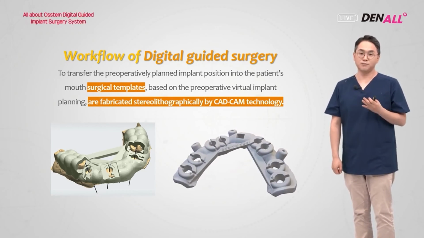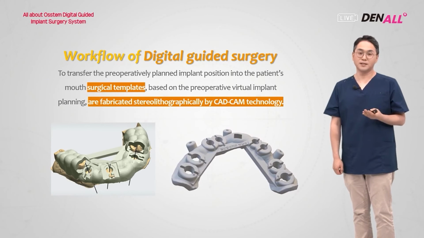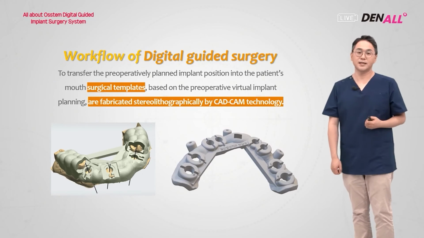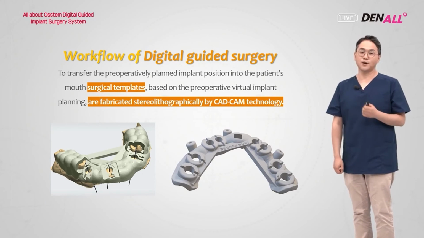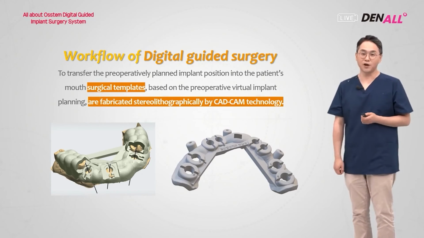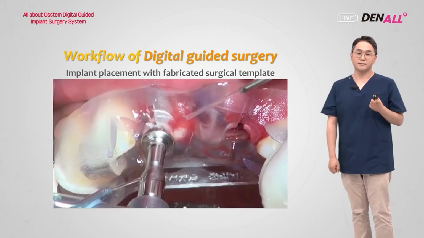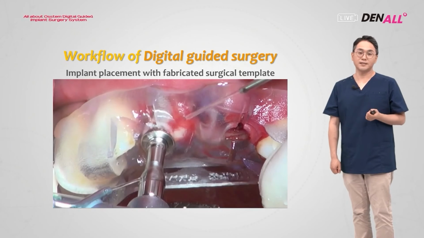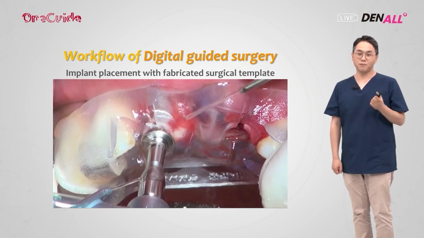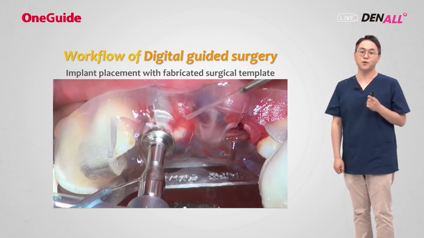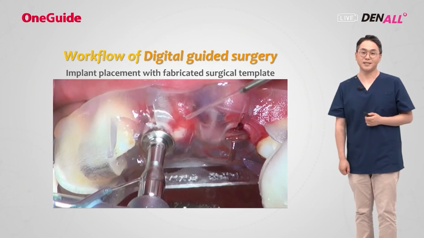At Osstem's OneGuide Center, planning for guided implant placement is done, and once you confirm it, the surgical stent is designed, fabricated, and delivered. Once the fabricated surgical stent is delivered to the clinic, you can position it during surgery, and using the OneGuide kit, you can do the drill.